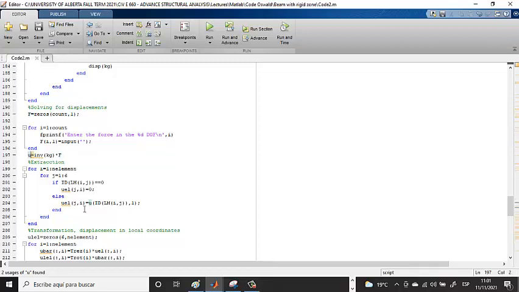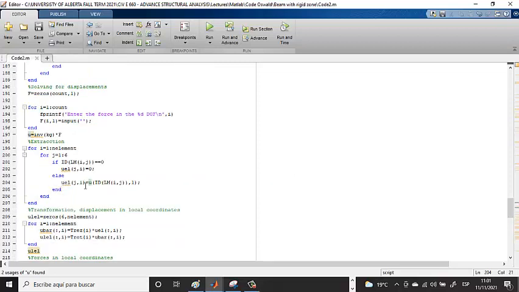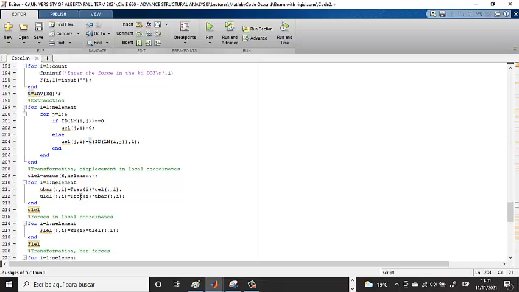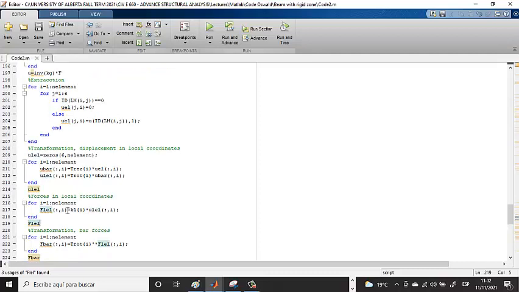We can determine the displacement and rotation at the end of each element. We can also use the rotational transformation matrix to determine the local displacement of each element, using the same equation: the force vector is equal to the stiffness matrix times the displacement at the ends of the nodes.